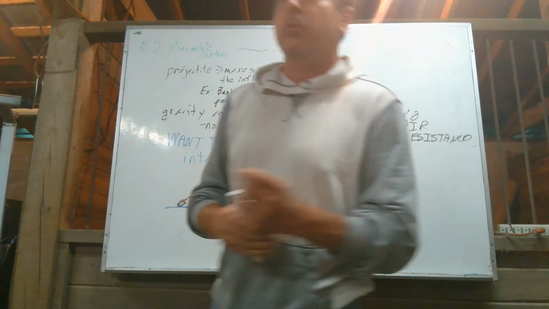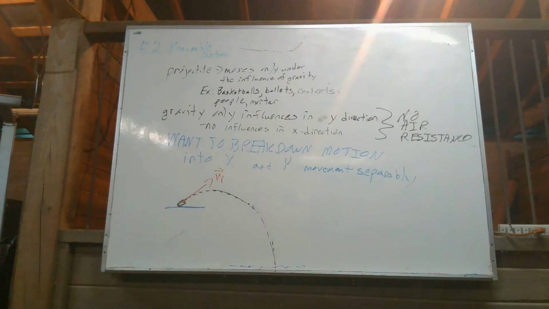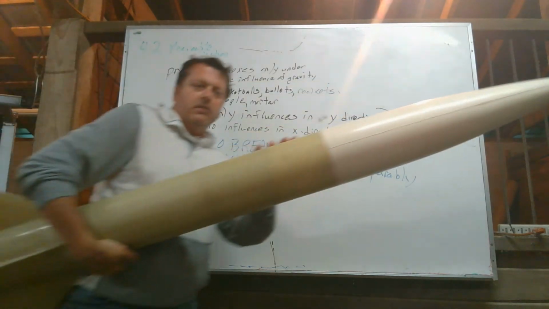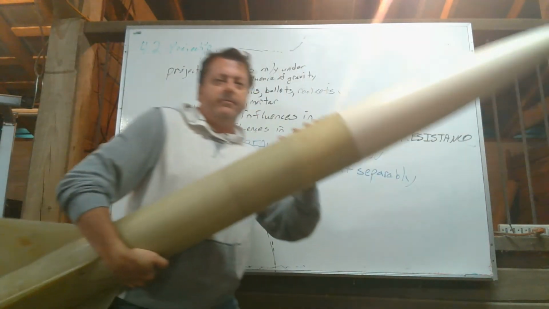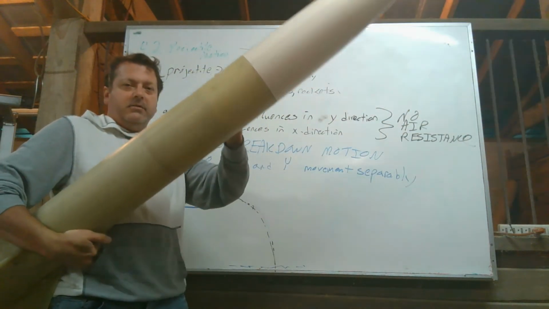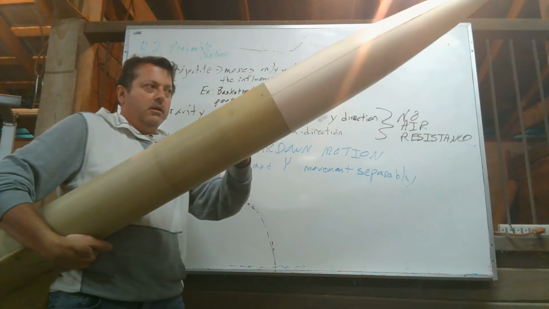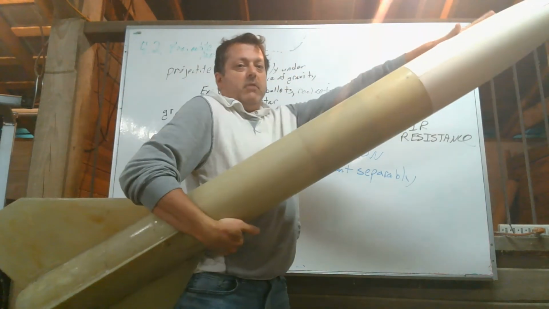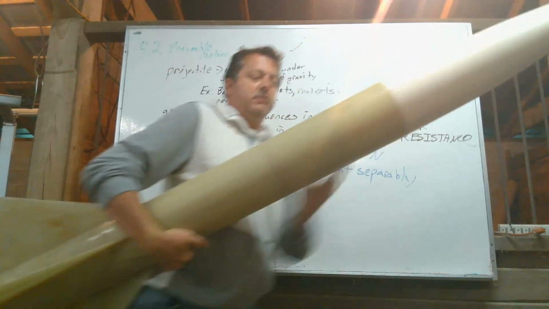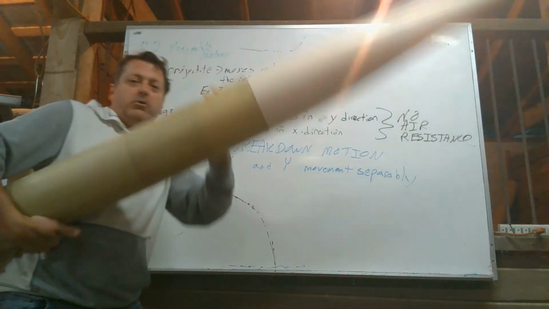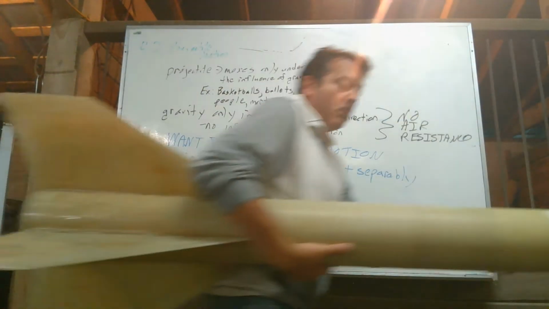So let me get a little visual aid to help you there. All right, so you see the rocket I got here, right? Okay, so initially the guy's up at an angle like this, all right? But he's going off that direction, right?